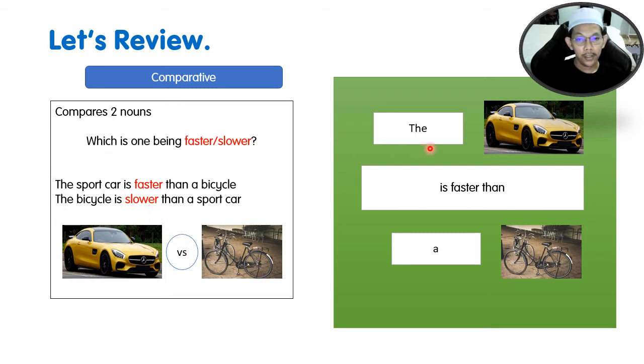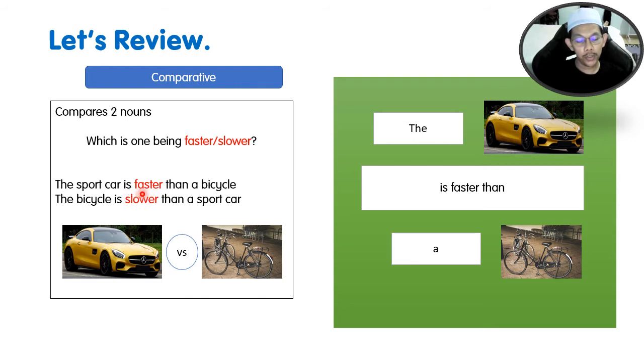You can see the sentence that I have prepared here: the yellow sports car is faster than a bicycle. So when we compare two nouns, we should add er after the root word.